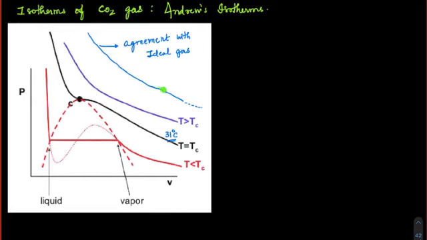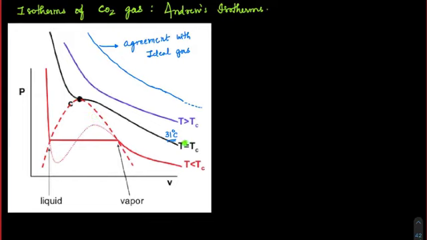An exponentially decreasing function should be something like what we see in Boyle's law. But when it comes to this P versus V graph, it should go like this, but it is not going like this.